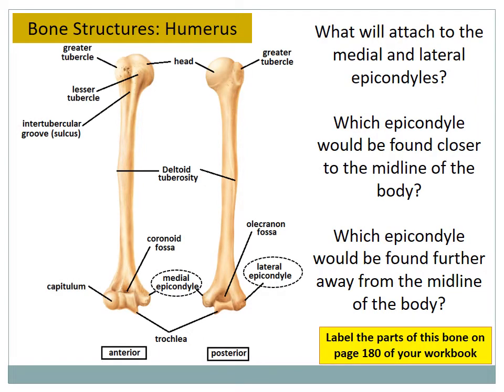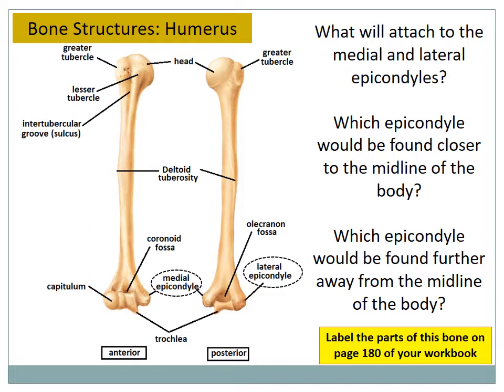So when we look down further again, so we've gotten through most of these things actually, and we're left with two things. We have the medial epicondyle and the lateral epicondyle. What will attach to the medial and lateral epicondyles? Yeah, muscle. Okay, so pretty much anytime I ask you what's going to attach to bone, you're going to be like, it's muscle. Okay, every time.